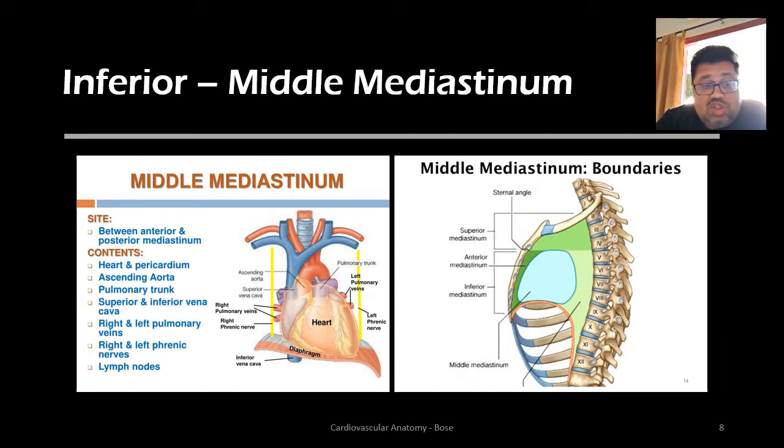As you can see, it contains the heart and the pericardium, the ascending trunk or the ascending aorta, the pulmonary trunk, the superior and inferior vena cavas, the right and left pulmonary veins, and right and left phrenic nerves, and the lymph nodes. The middle mediastinum, therefore, is what contains the heart.